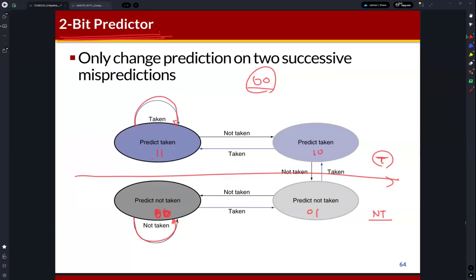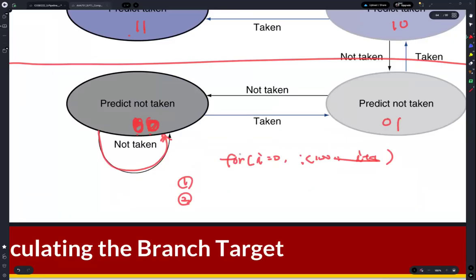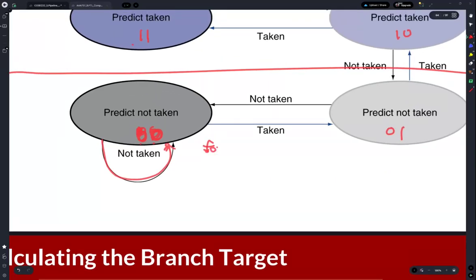So for example, in the for loop, this is the iteration number.